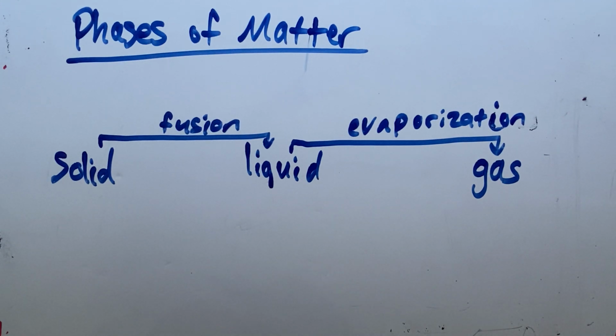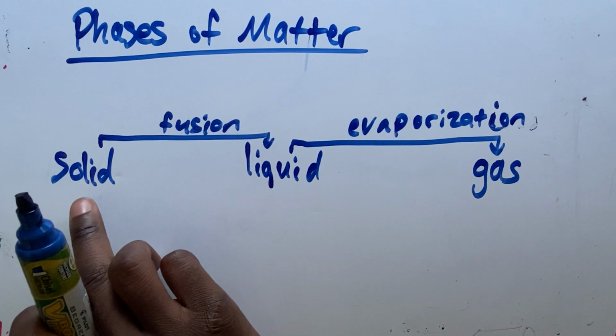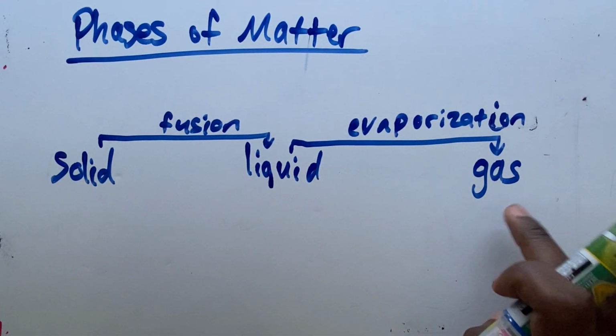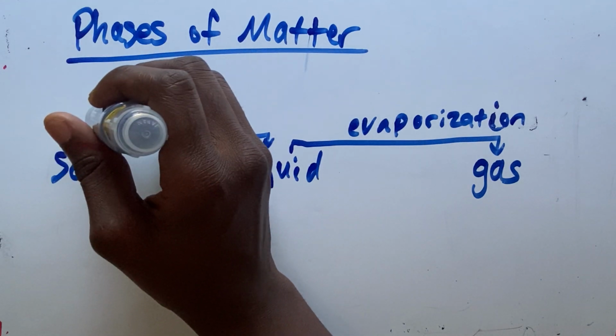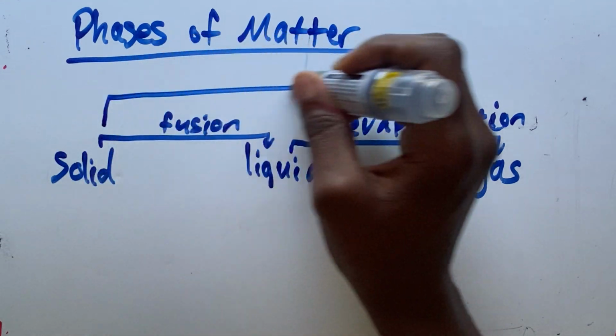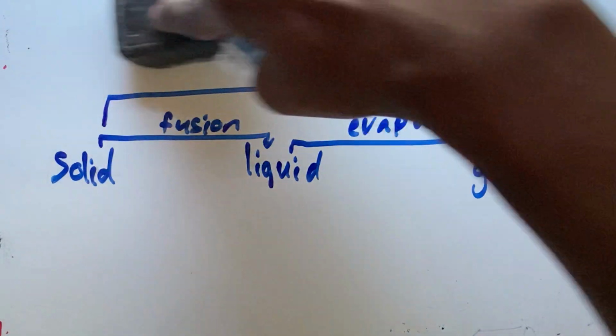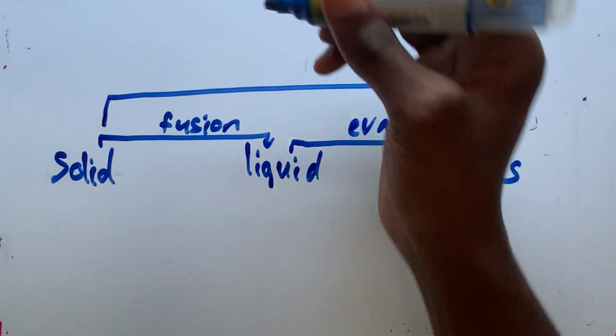And then when an object goes from solid, skips liquid, and goes straight to a gas state, that's called sublimation.